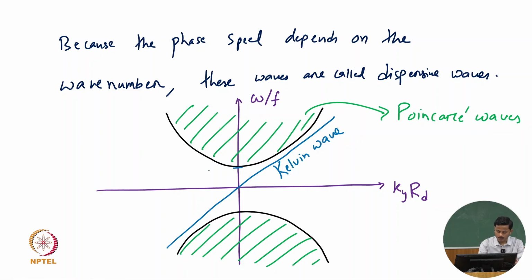These values are +1 and -1. This is assuming f to be constant. There's a reason why we are saying f is constant, because we'll see what happens when f is varying.